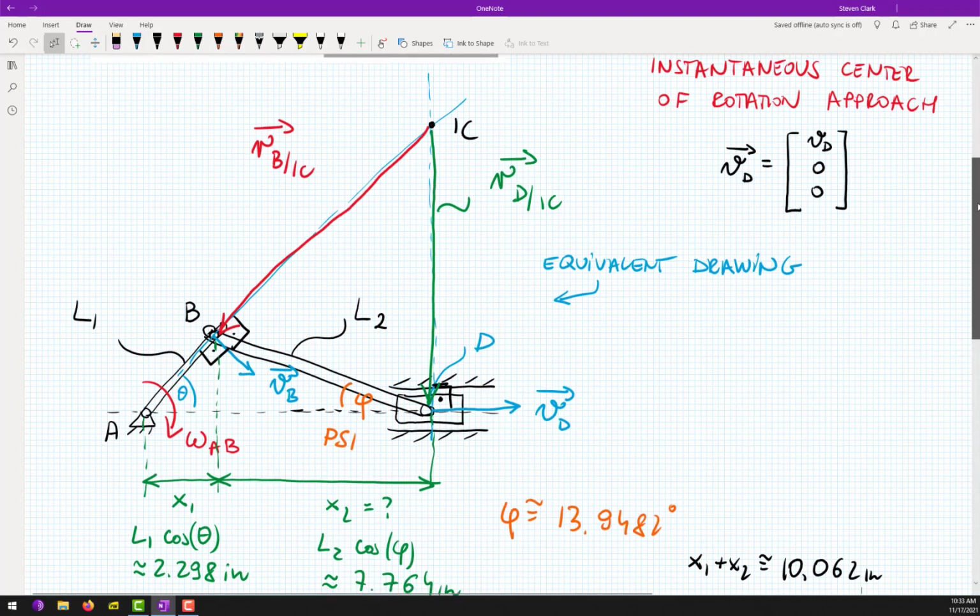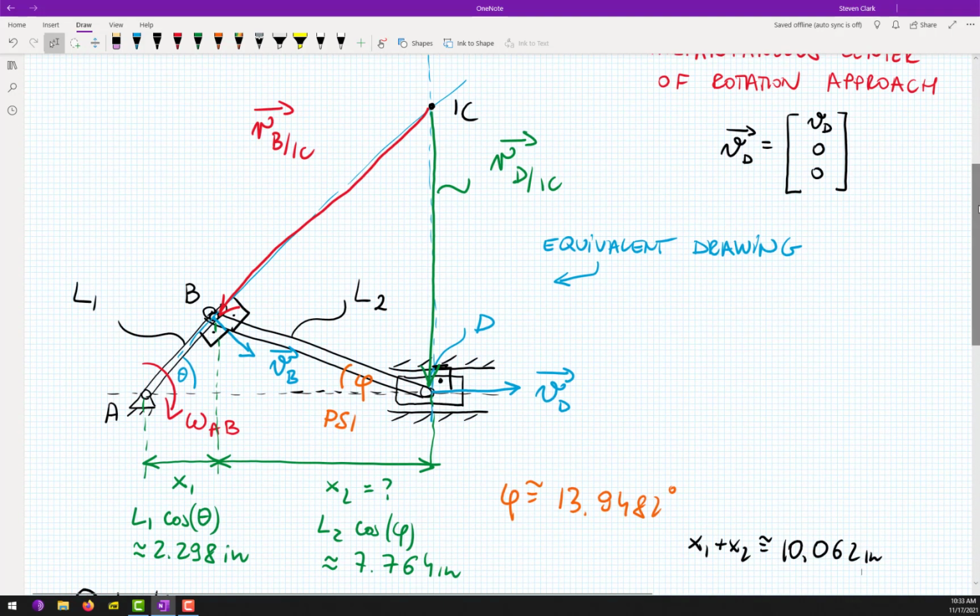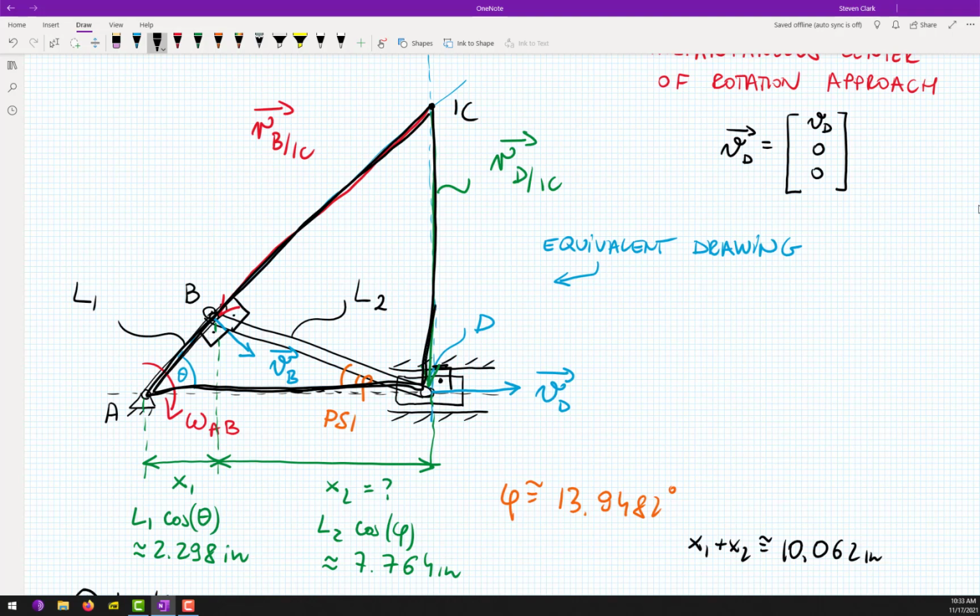If you look at that big black triangle, you can clearly see that tan of theta is equal to RDIC divided by 10.062.